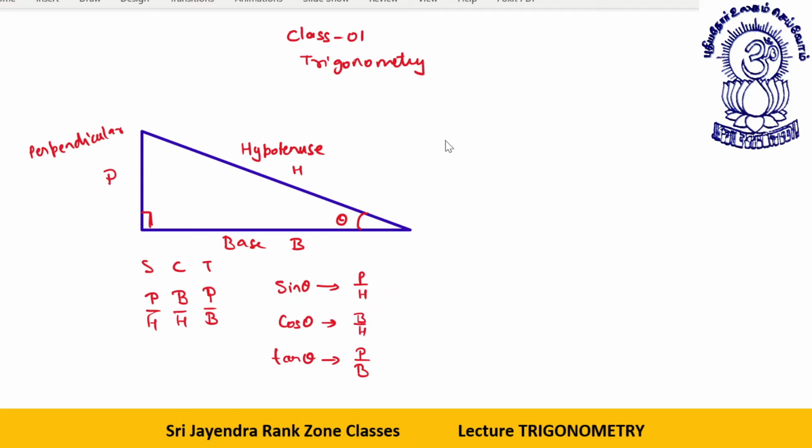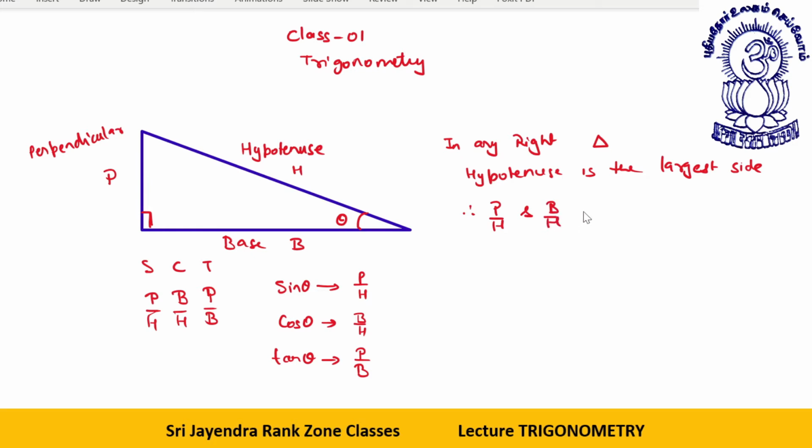Always remember, in any right triangle, the hypotenuse is the largest side. So when the hypotenuse is the largest side, P by H and B by H will always be less than 1.